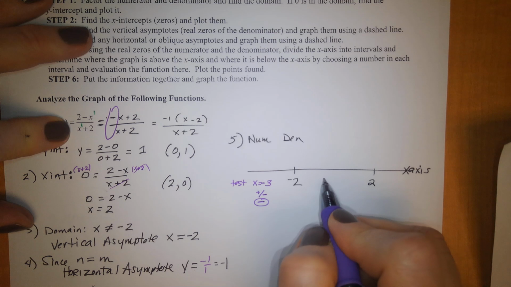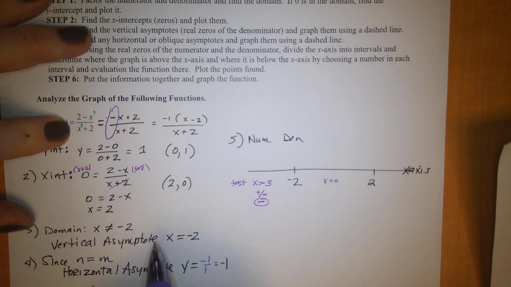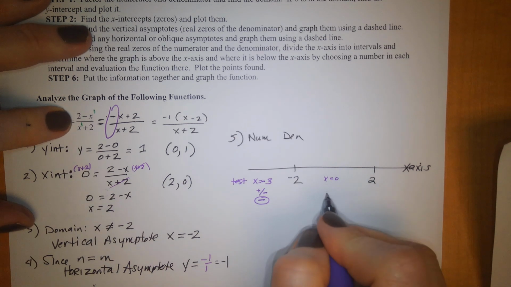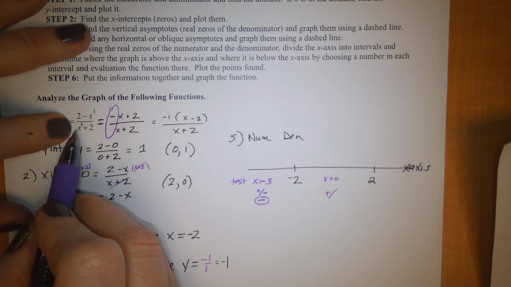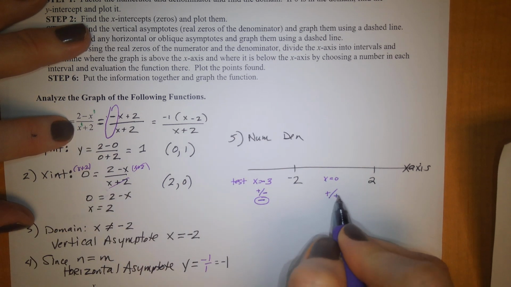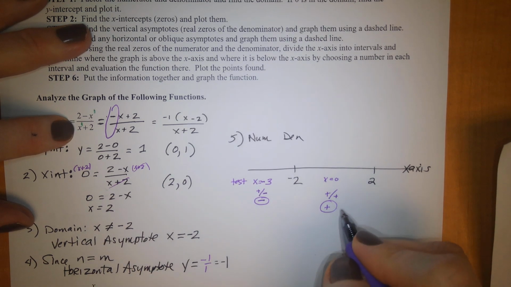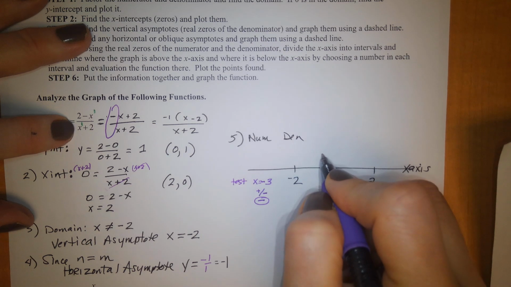In between here, let's test x equals 0. If I put in a 0, I have 2 minus 0, which is positive, and 0 plus 2, which is positive. So ultimately, I'll be yielding a positive answer, which means it's going to be above the x-axis.